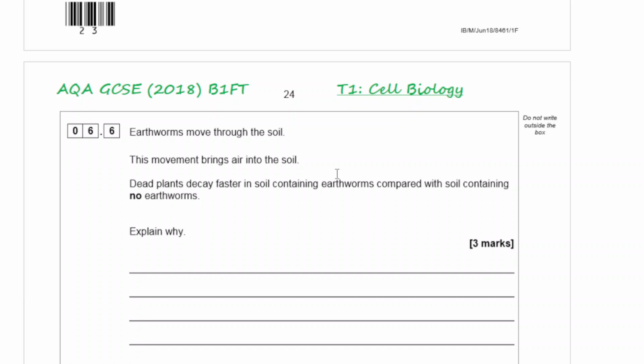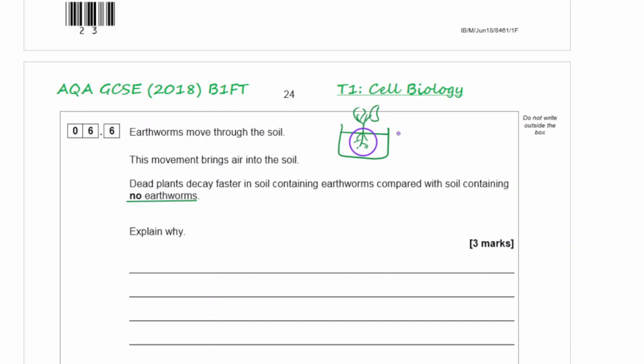Earthworms move through the soil. This movement brings air to the soil. Dead plants decay faster in soil containing earthworms compared with soil containing no earthworms. Why? If you put a plant in the soil and allow it to grow, remember the cells down here need to carry out respiration.